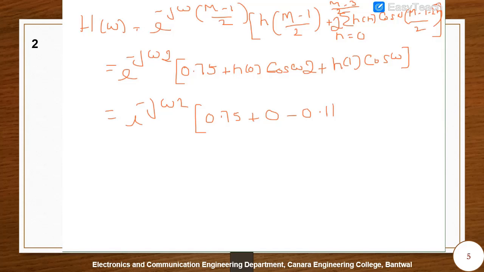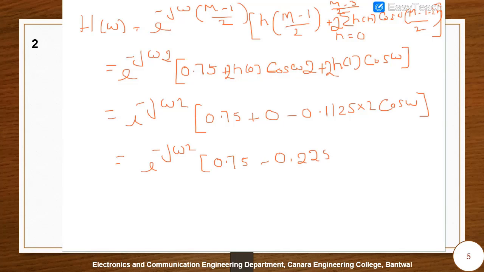Here there is 2, so you get 2 times 0.1125 cos of omega. So you can reduce this further to e to the power minus j omega 2, 0.75 minus 0.225 cos of omega. This is the answer you should get.